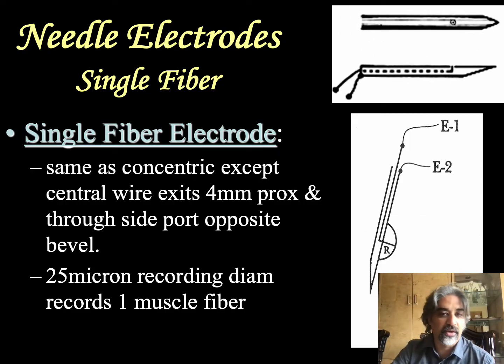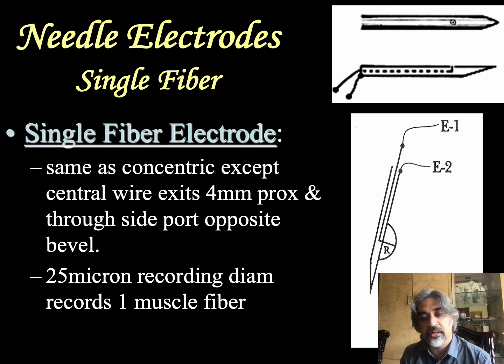I just wanted to go over a couple of other types of electrodes. The single fiber electrode is a modified standard concentric needle electrode where the central wire exits approximately 4 millimeters proximal and opposite to the beveled tip through a side port in the cannula right here, instead of extending along the length of the cannula to the beveled tip.